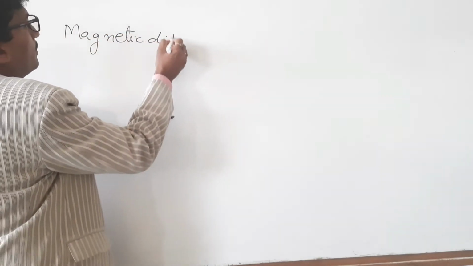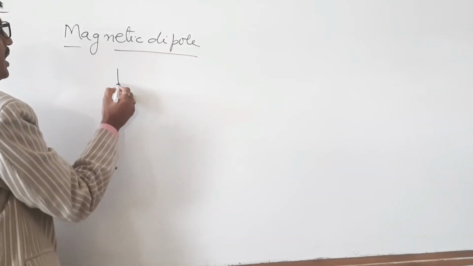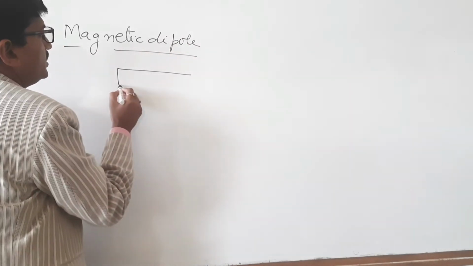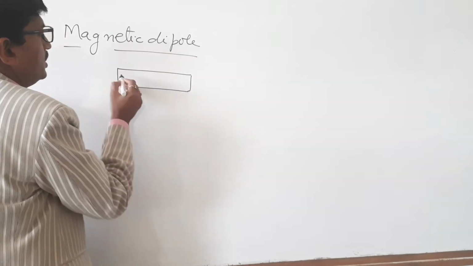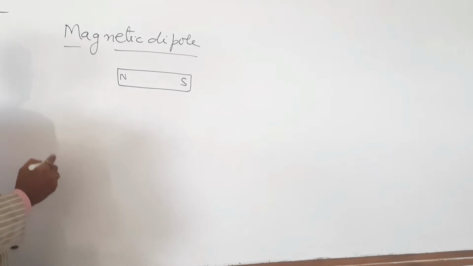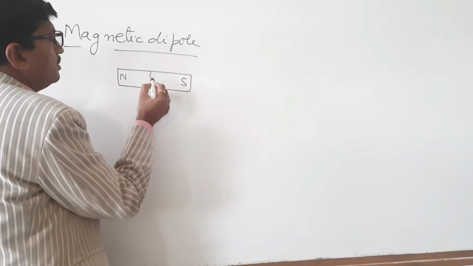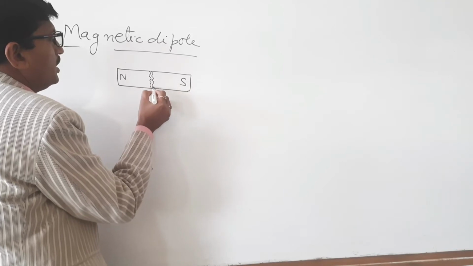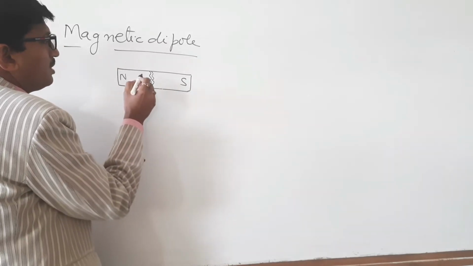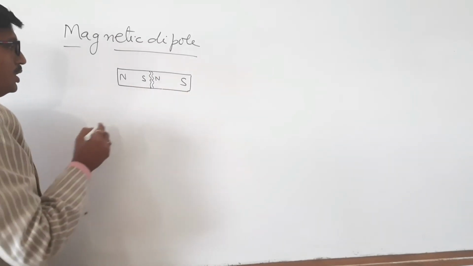Magnetic dipole. Magnetic dipole means suppose this is a magnet, this is the north pole, this is the south pole. This is a magnetic dipole. And if we break this magnet in two parts, then this part becomes a south pole and this part becomes a north pole.